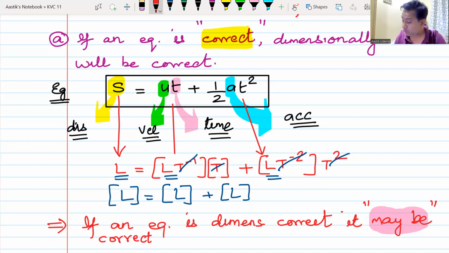Okay, now let me go to case number B, and then probably this maybe will make more sense. Has everyone noted this down? Yes, sir.